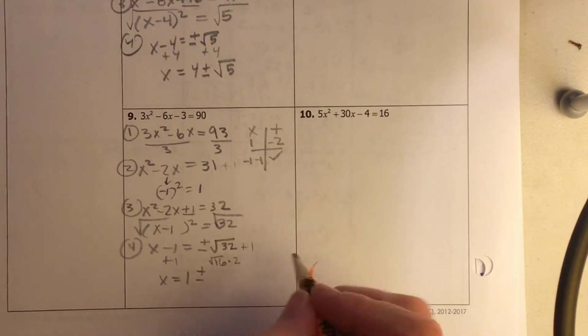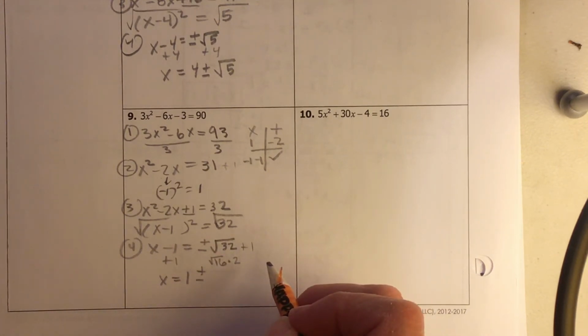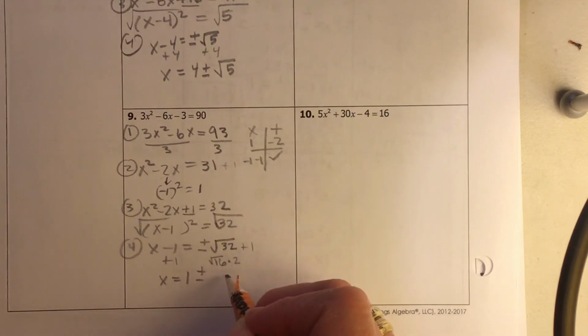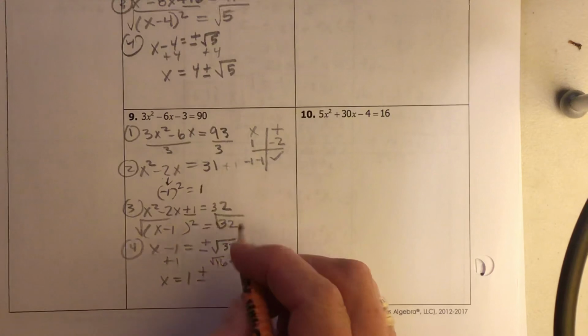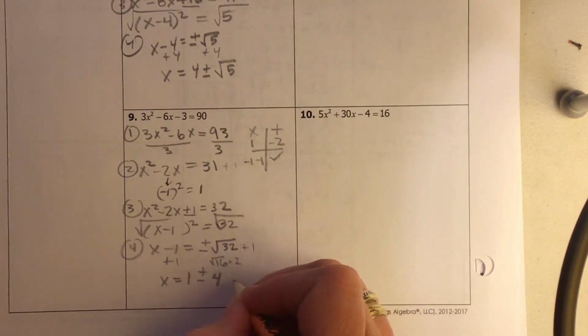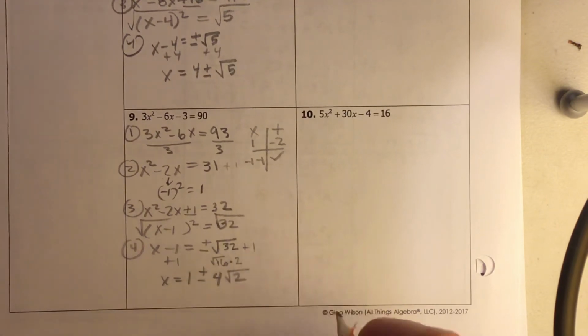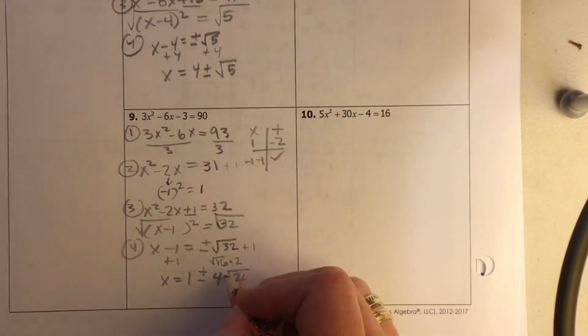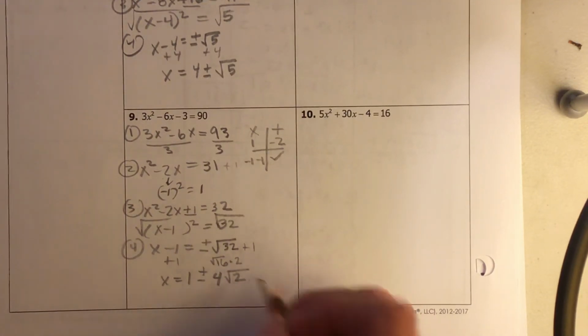Couldn't I take the square root of 16, which is 4, and bring that outside? I could. 2 is not a square number, so that still has to be in the form of the square root of 2. That is our answer.